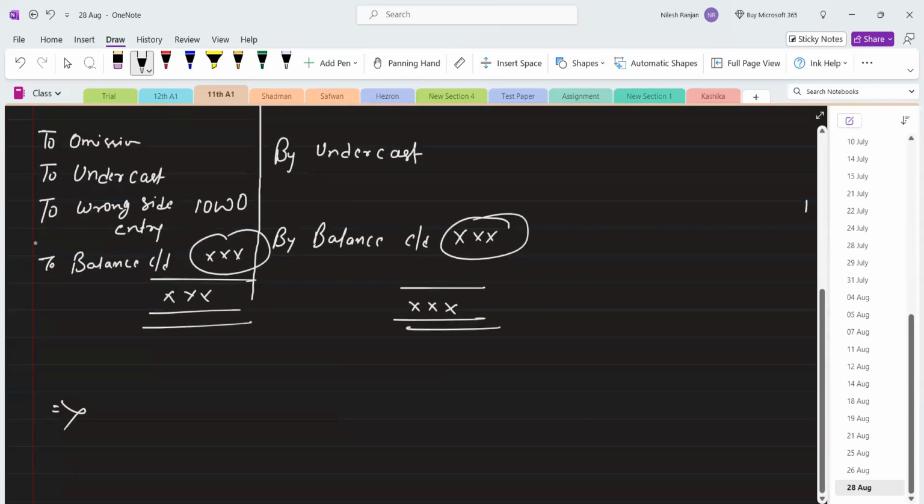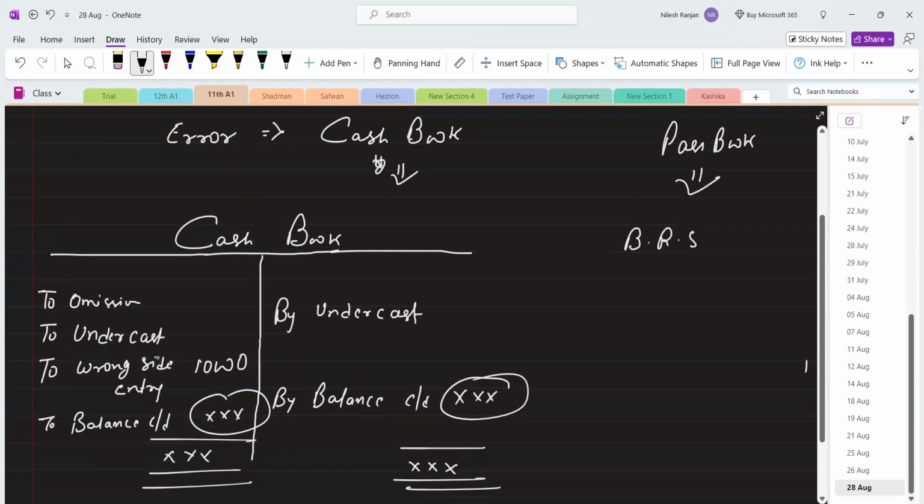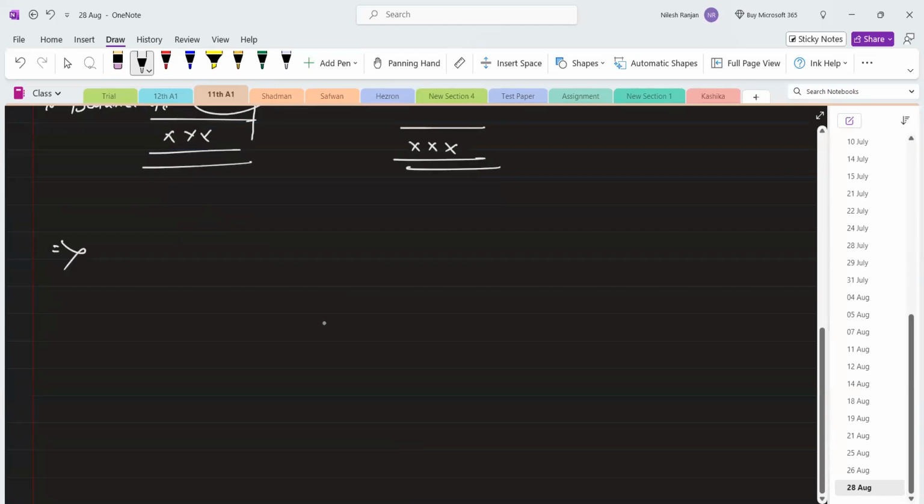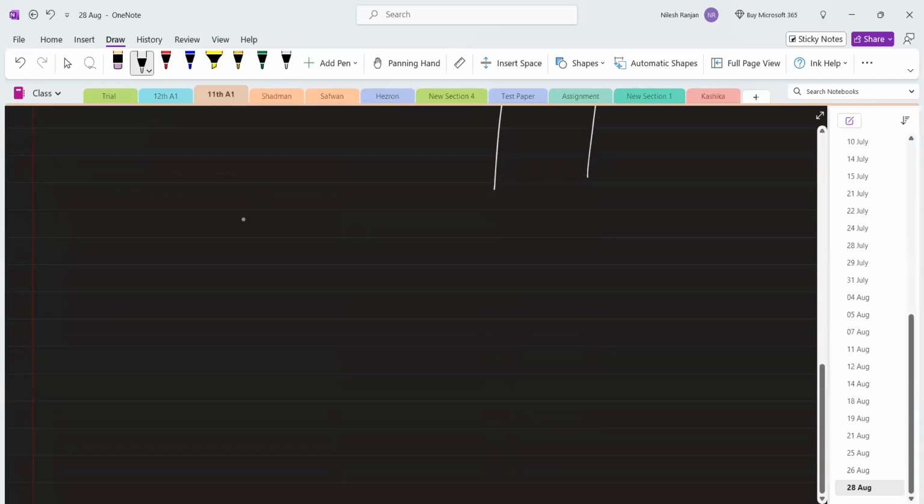Yes, sir. So after preparing cash book to rectify the errors, you have to prepare bank reconciliation statement with the adjusted balance. So after this, you will prepare bank reconciliation statement.